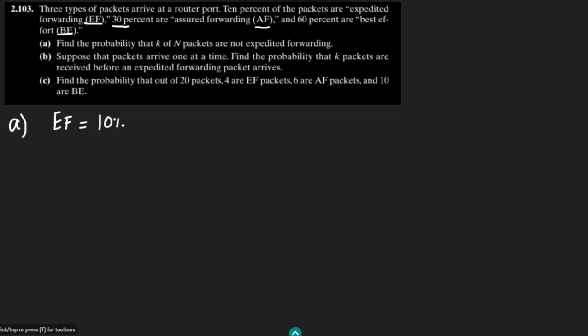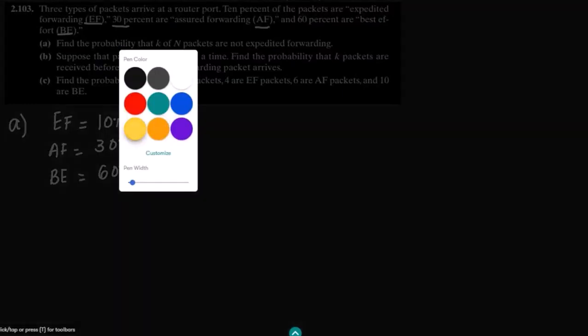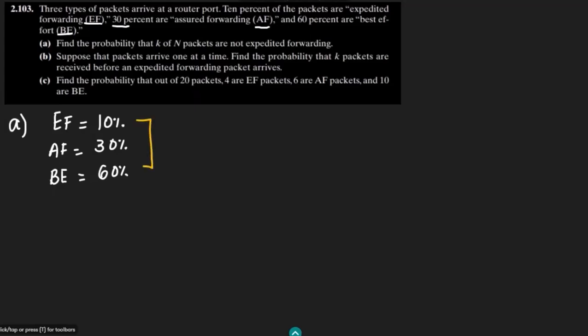Assured forwarding, AF, is 30%, and best effort, BE, is 60%.